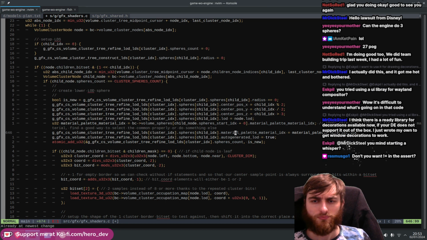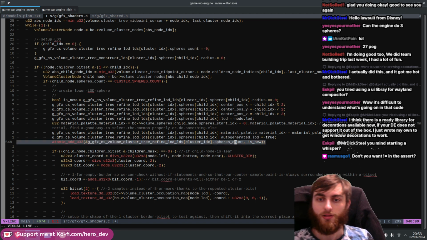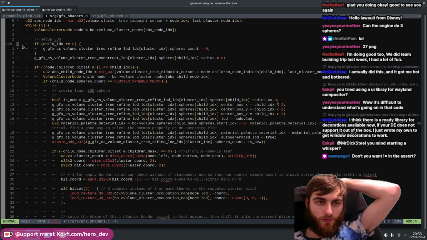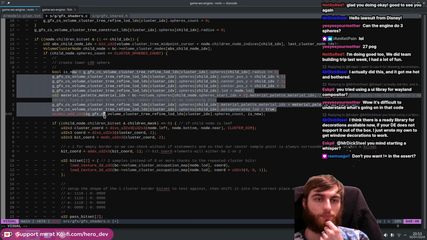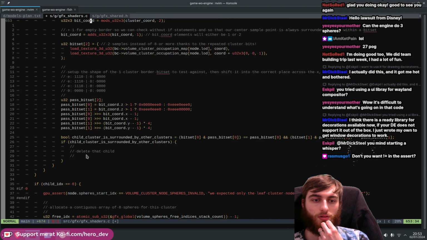Okay. So is that all legit? Then we add 1 to the sphere count if this is created. So right, that's good. That sets up LDS. Here we put it into LDS temporarily because we might not actually need to allocate any, and we will know after here.